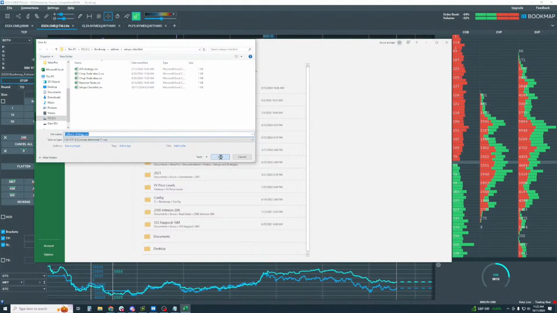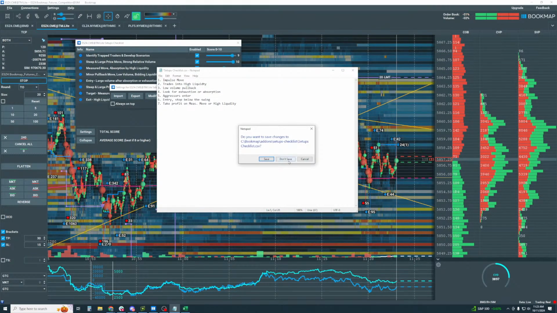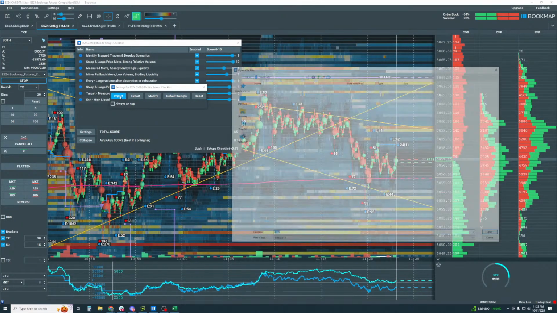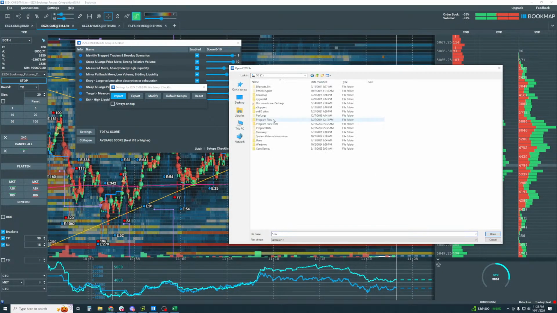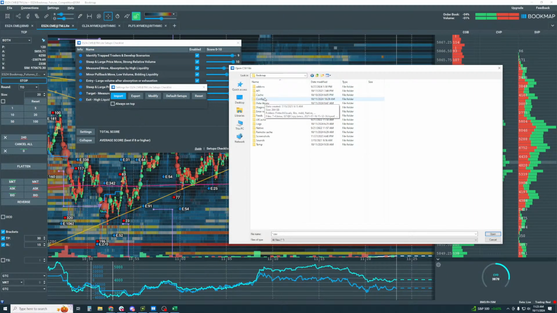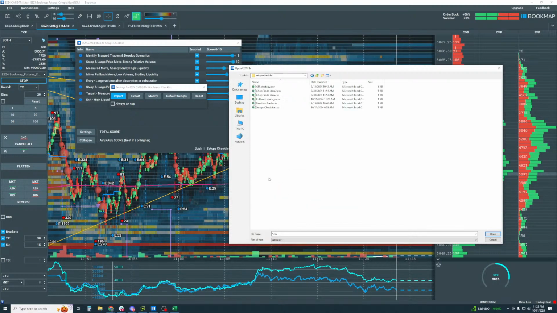All right, let's see what we got here. All right, so back and let's import, not downloads. It's PC here, Bookmap folder. Let's see, it was under add-ons, I believe. And our setups checklist and our pullback strategy.